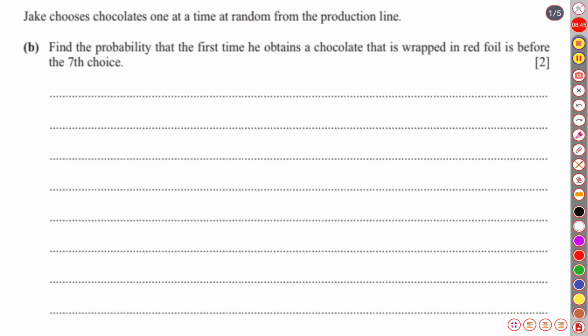So let us write now X is a geometric distribution, and for geometric distribution the parameter is only the probability, and it is all about red foil. For red foil our probability is 0.25. So let us write 0.25.